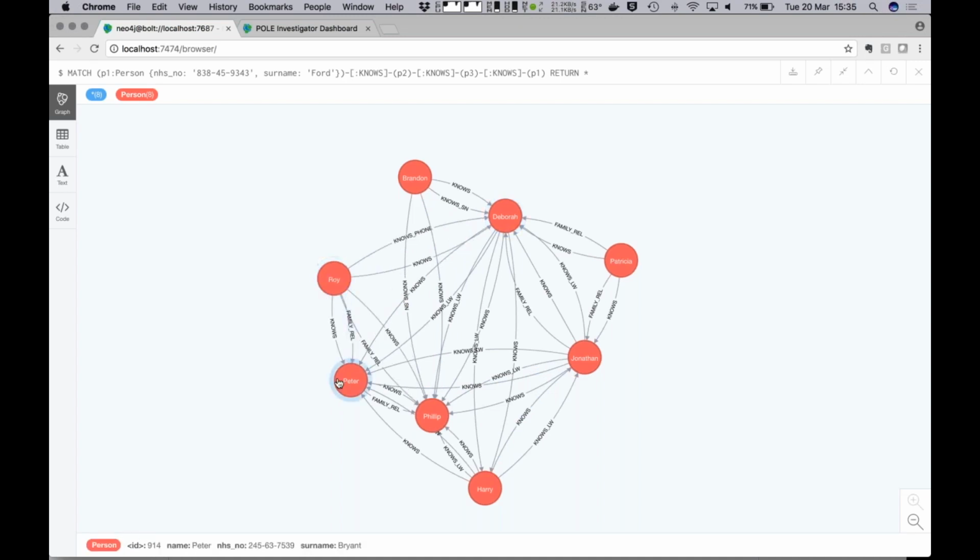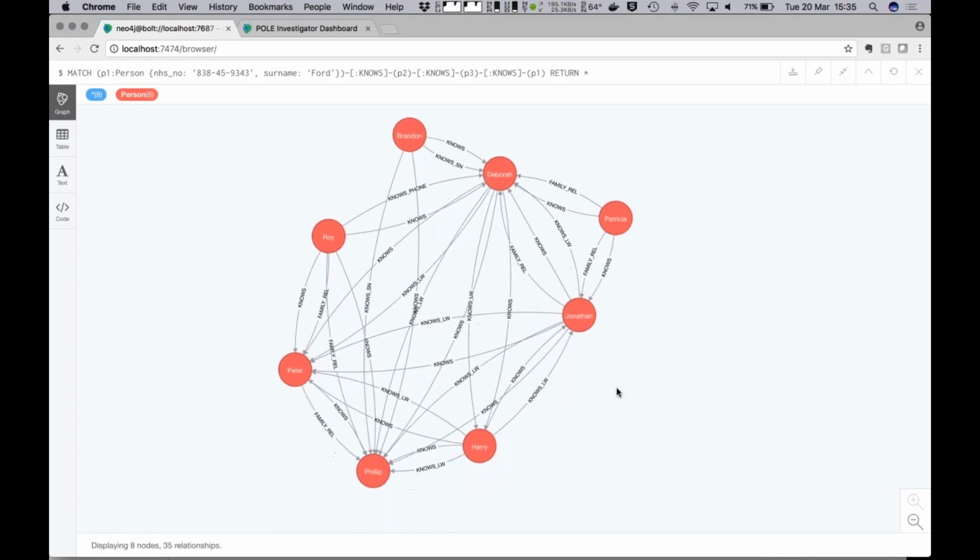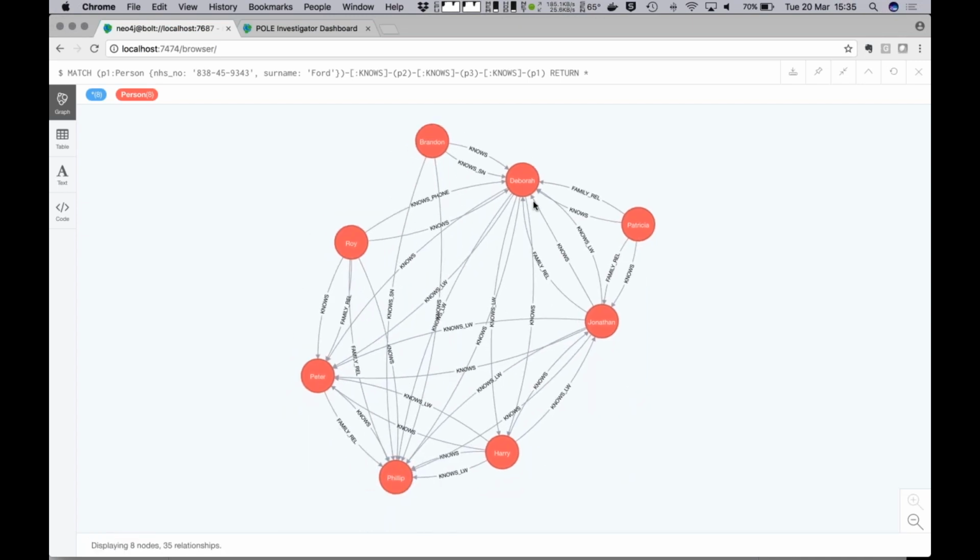The interesting thing you can do here then is start to infer new relationships that might not be persisted in the graph. So, for example, we saw Patricia is the mother of Deborah, is the mother of Jonathan, and Deborah and Jonathan live together. But looking at the graph, we can see Deborah also lives with Harry. Jonathan lives with Harry. Deborah lives with Peter, which means Jonathan also lives with Peter.